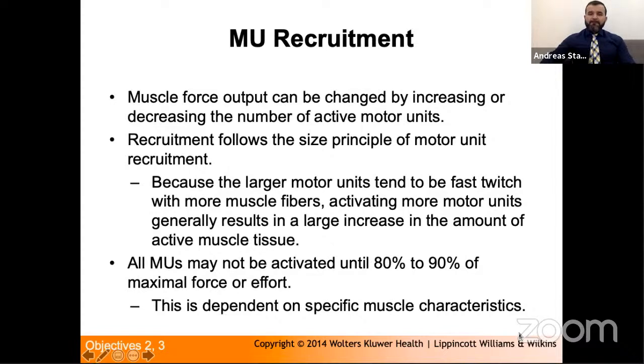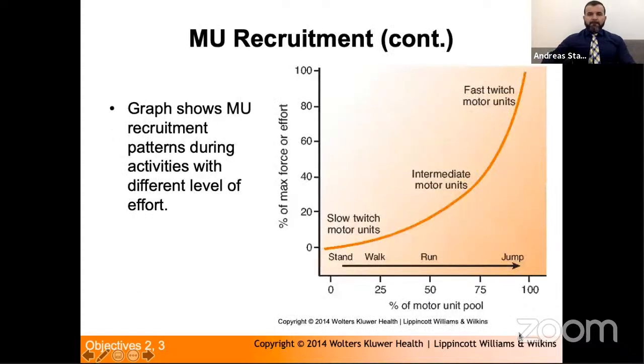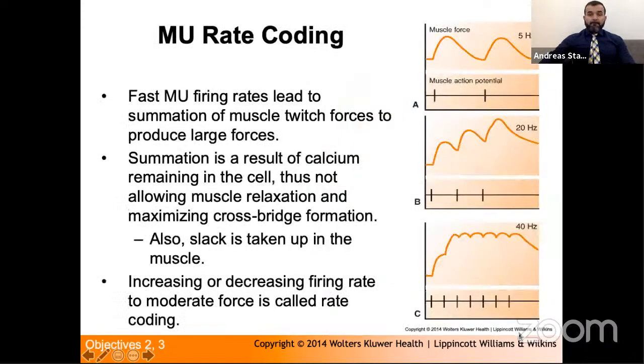All MUs may not be activated until 80 to 90% of maximum force output is necessary. Okay? What do we see here on the beginning of when we stand and then we walk and then we run and then we jump? In the beginning, we start with the slow twitch motor units and then we need the intermediate. So then we recruit the intermediate and the slow twitch. And then if we need more, we recruit fast twitch and intermediate and slow. Okay?